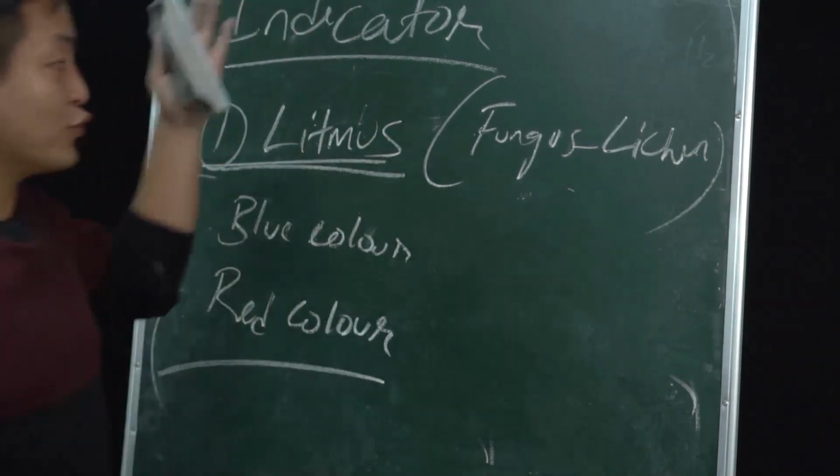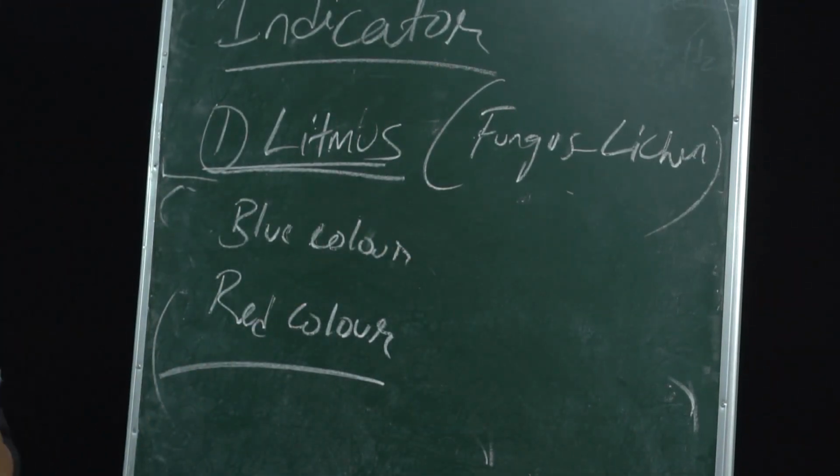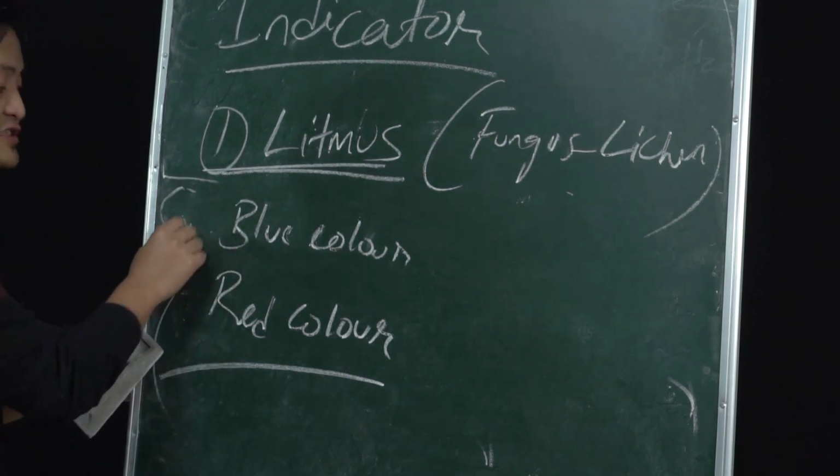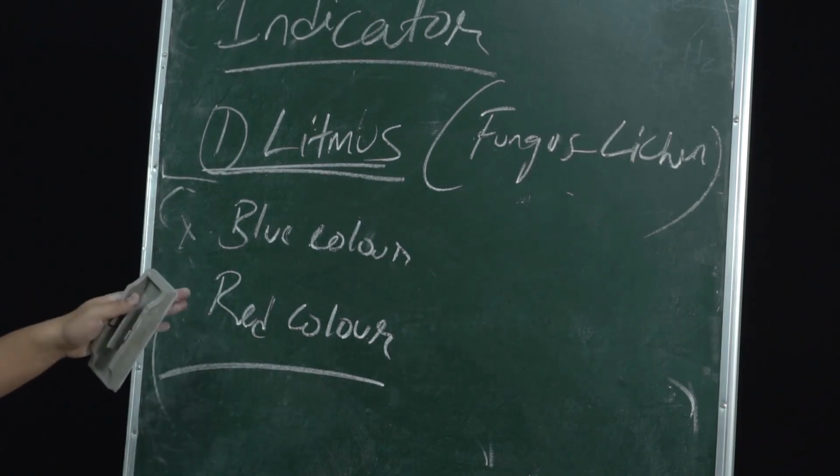In the practical lab, we have litmus paper through which, by the change of color, we can identify whether this is an acid or a base. The first type of litmus is blue, and the second type is red.